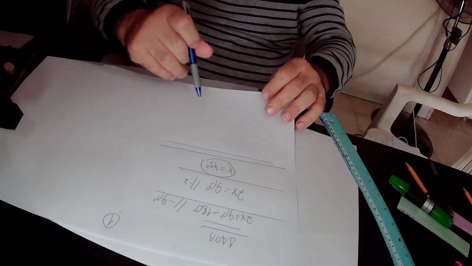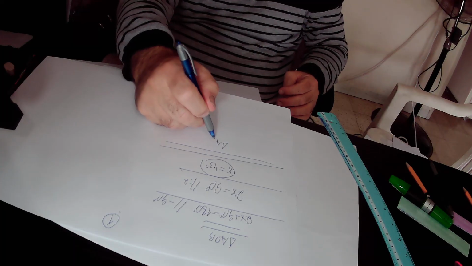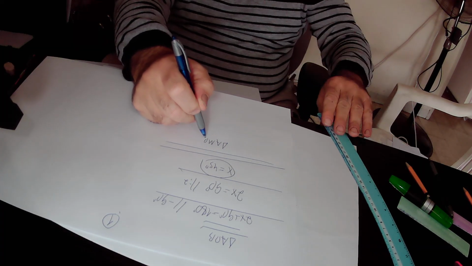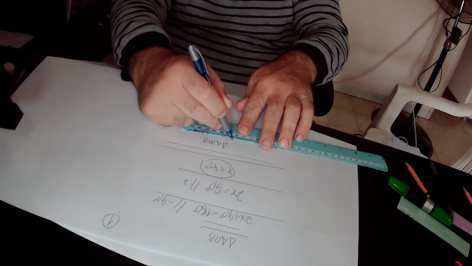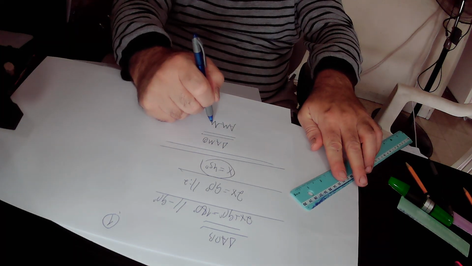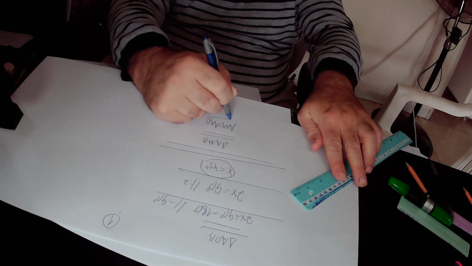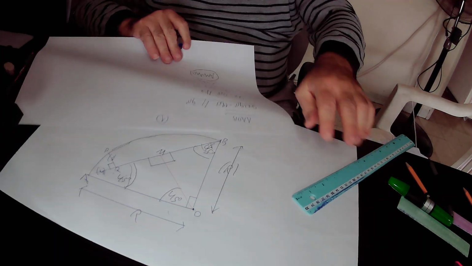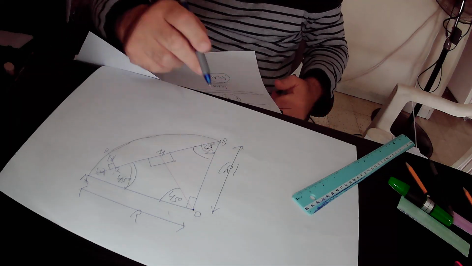According to the rule that I mentioned, side AM must be equal to side MO.